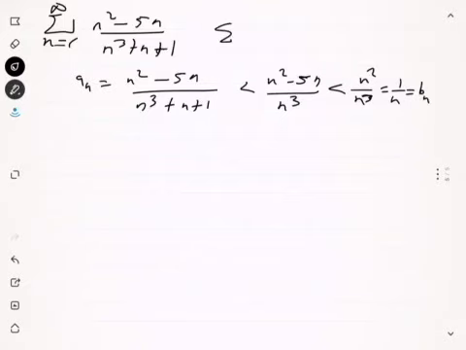So then this would be less than the sum as n goes from 1 to infinity of 1/n.